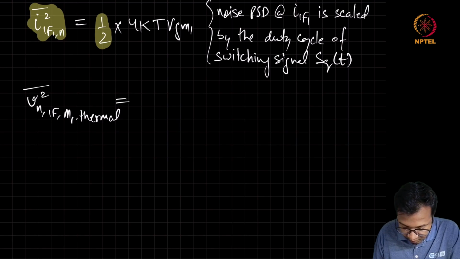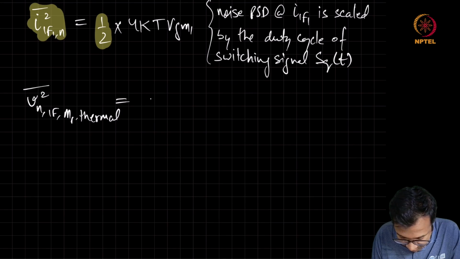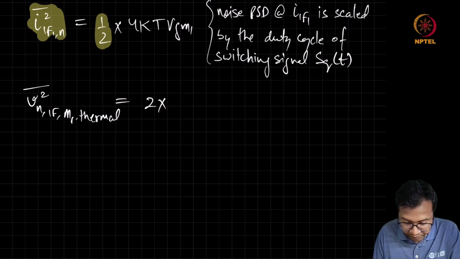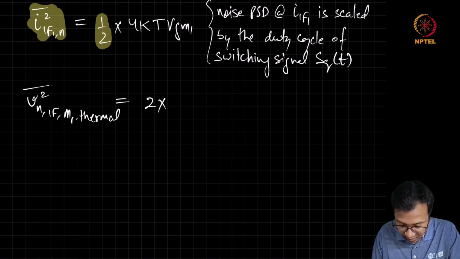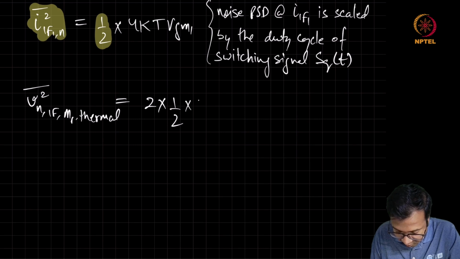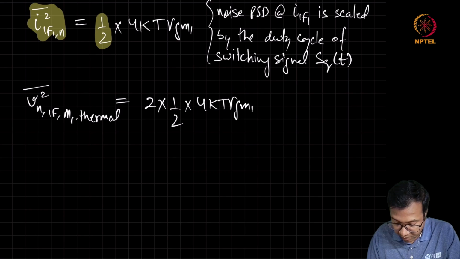This noise PSD is going to be twice of the current noise PSD which we are getting at one of the branches. So it's going to be 2 into half of 4kT gamma GM1 into RD square.